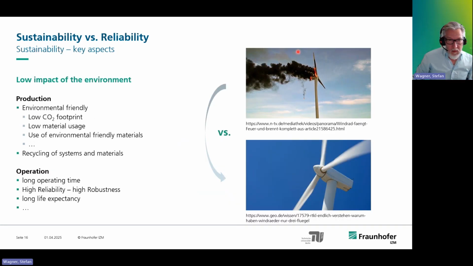Yes, and now let me come to the discussion of sustainability versus reliability. The key sustainable aspect is a low impact on the environment. In production, it should be environmentally friendly, with a low carbon footprint.